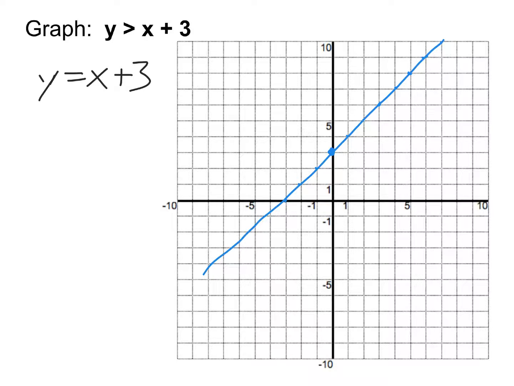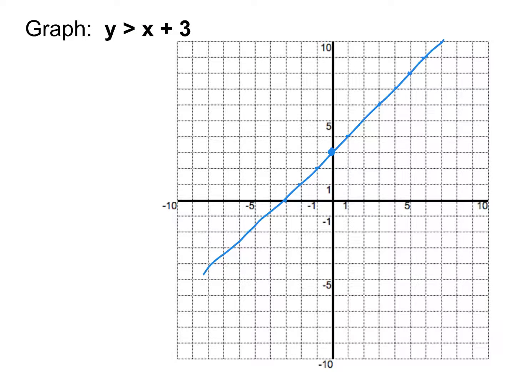Now, this equation, or actually inequality that we are given though, it's not going to be exactly the same as that. This inequality symbol that we have up here, it changes a few things. What does it change when it's y is greater than instead of y is equal?